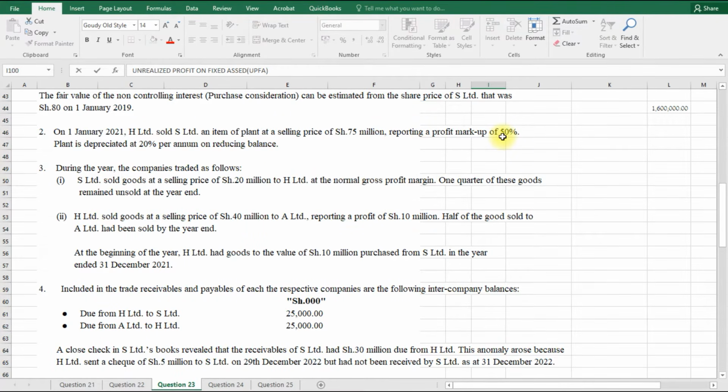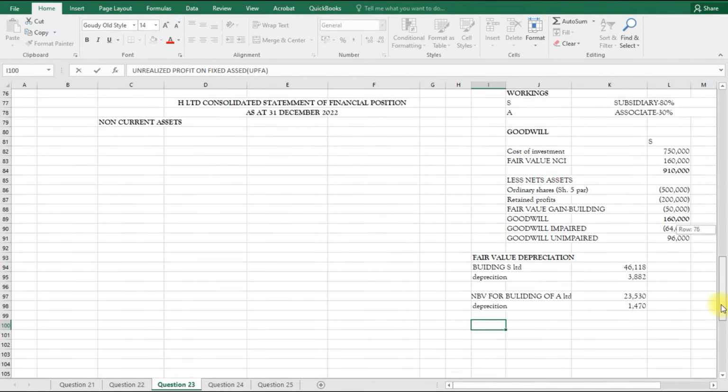Remember, when you report a profit markup of 50%, this profit we shall only realize at the time of sale of this asset, and that's why we call it unrealized profit. Before the asset is sold, we shall categorize that as unrealized profit. So we shall come and calculate it.